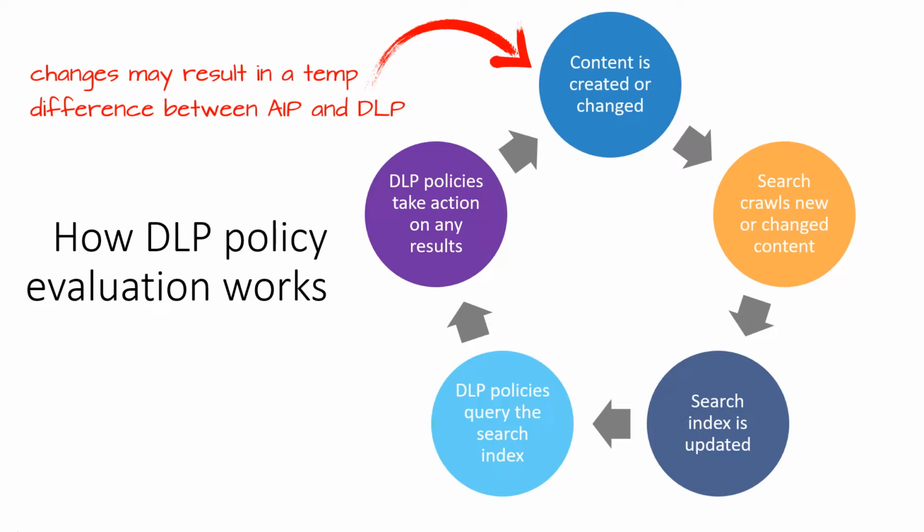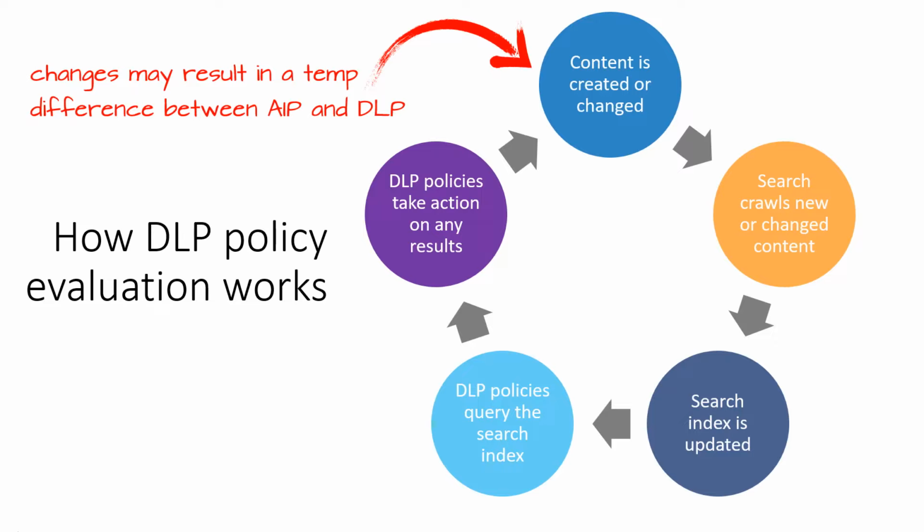But behind the scenes, there is a unified sensitivity label, a unified data classification engine here. DLP and information protection and Microsoft Cloud App Security, which can apply labels to documents that it discovers in transit or in third-party cloud repositories that it connects to, all use the same data classification engine in Microsoft 365.